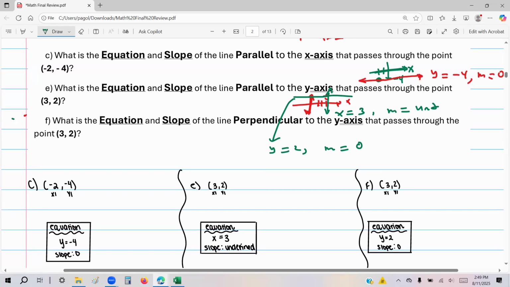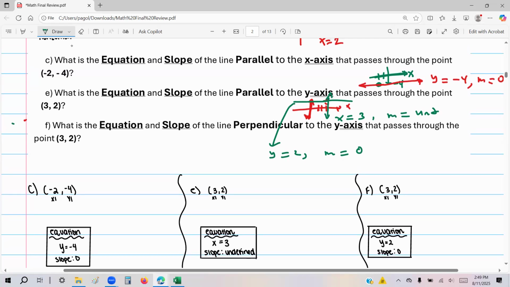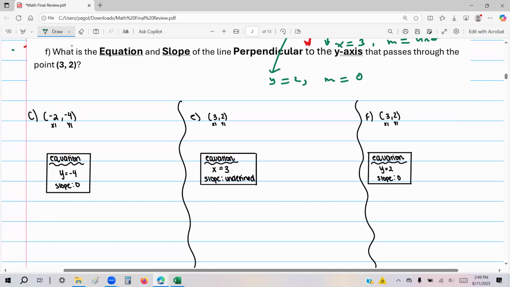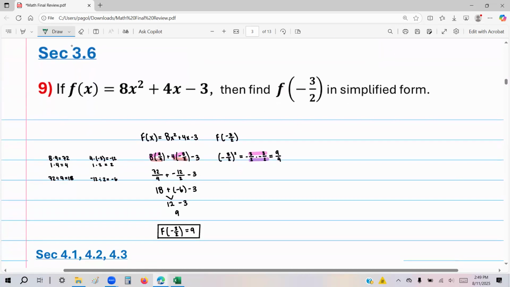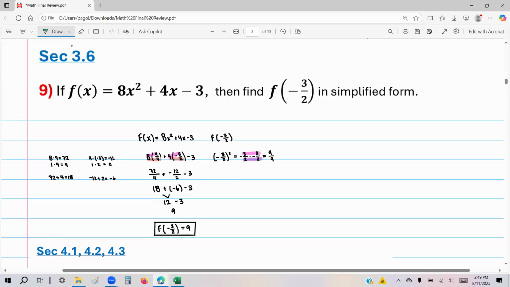But the multiple choice will mostly ask for slope, and sometimes they ask for equation. So if they're asking for slope, they'll give you all sorts of slope: 0 slope, undefined slope, and then number slope. You have to pick the correct one.